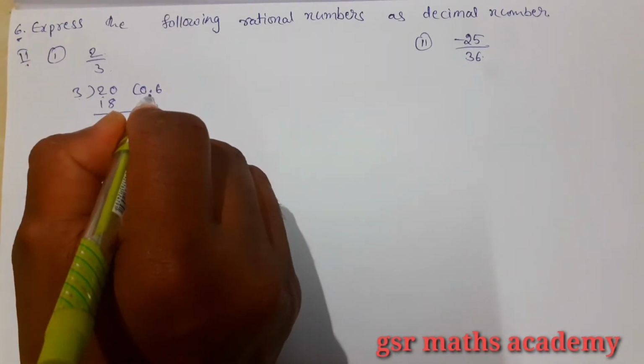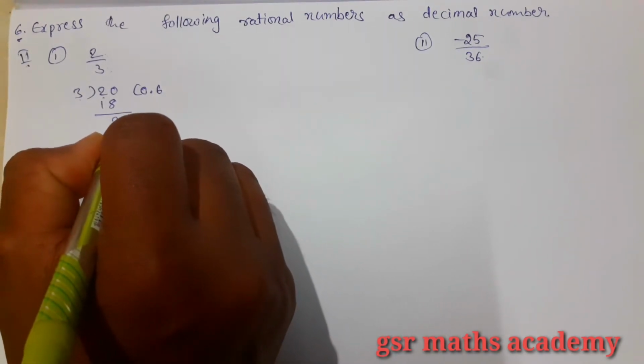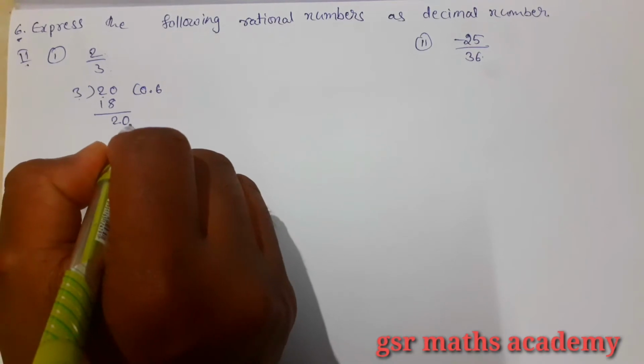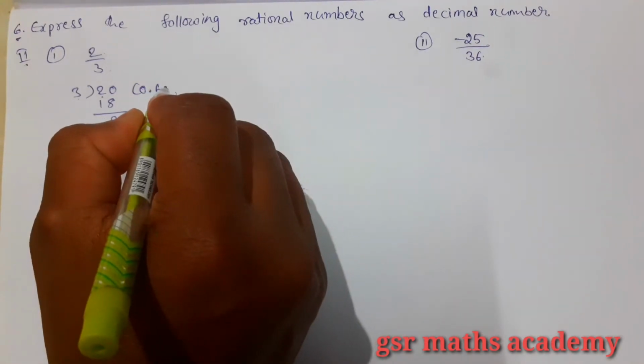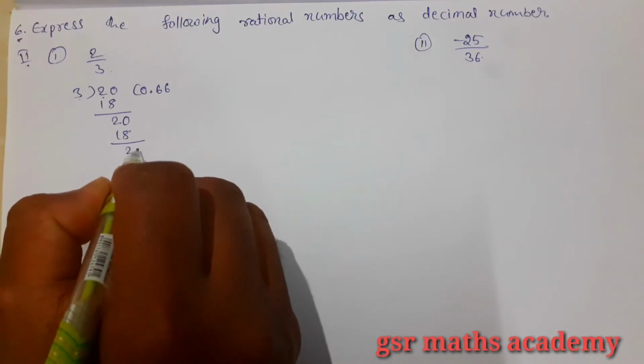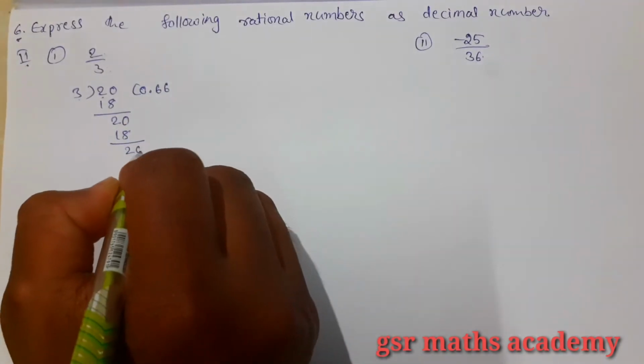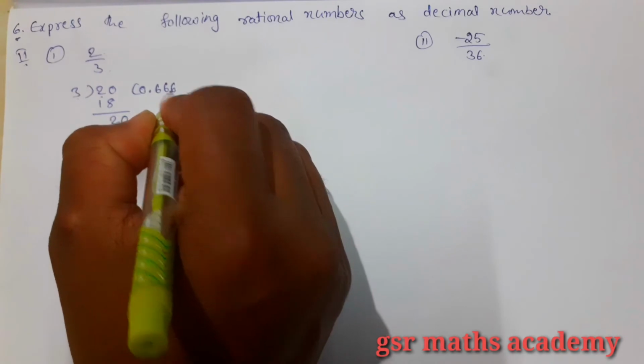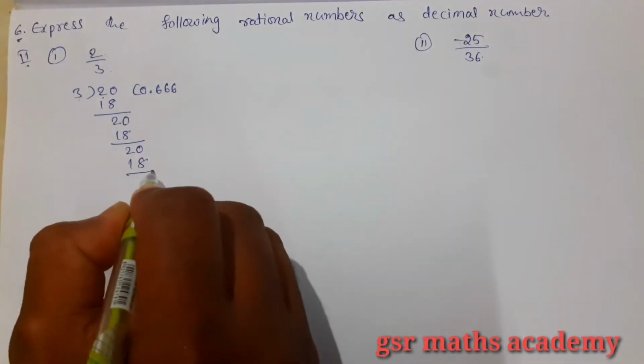As we have taken the decimal point, we are allowed to take 0 again. Now again it becomes 20. Now 3 sixes are 18, 2 left again. So again if you take a 0 here, then 3 sixes are 18, then 2 remains.